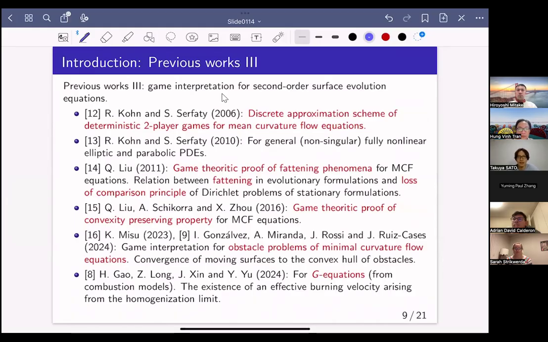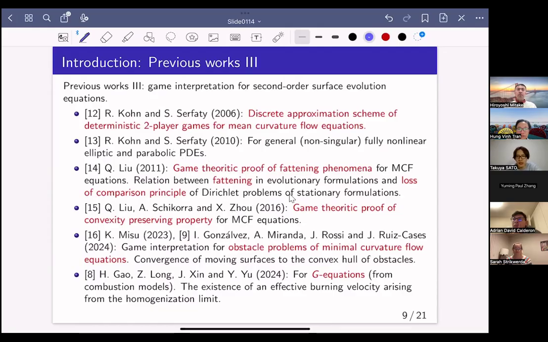This is the literature I explained in the previous slide, and next Kohn and Serfaty constructed games for more general fully nonlinear elliptic and parabolic equations. And numbers 14 and 15 are applications of this game interpretation for the mean curvature flow.